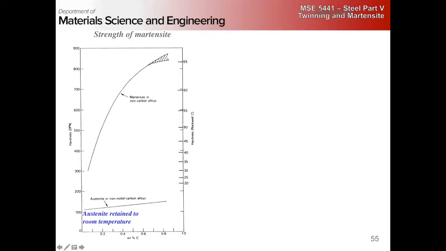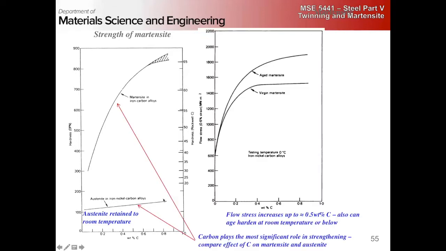So here we have iron nickel carbon, and it's just comparing the hardness as a proxy for strength. This is iron carbon alloys where you have martensite, with the addition of nickel where you stabilize the austenite. And so, as a function, the strength as a function of percent carbon, you can see that the martensite has a huge role in the strength, right?